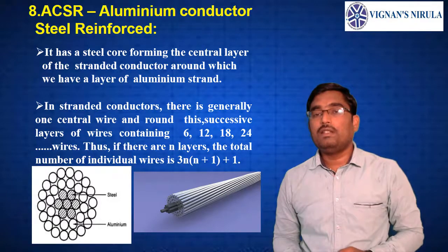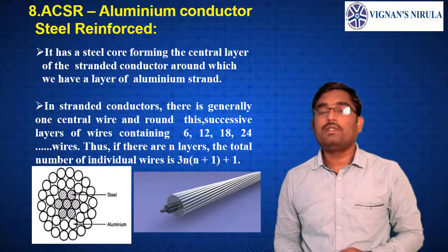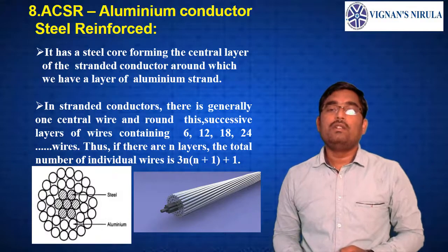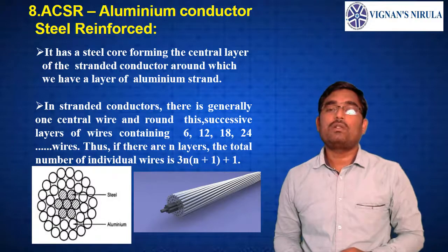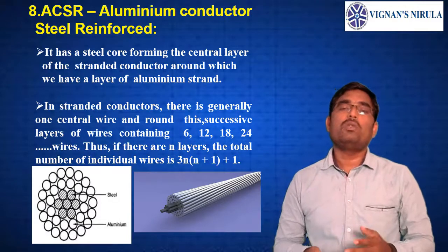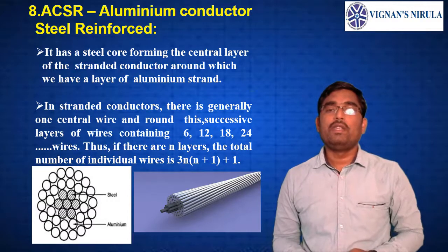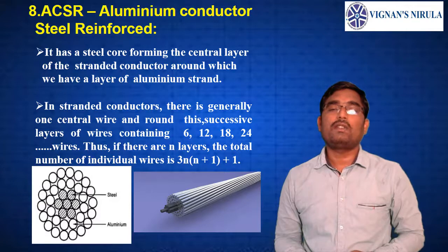In the central core we have steel, and surrounding the steel we have a number of layers of aluminum strands. See here, we have 2 layers of steel core; in some cases there may be only 1 layer. In the steel core there may also be a number of layers, and surrounding it we have 1 layer of aluminum strands and 1 more layer of aluminum strands like this.